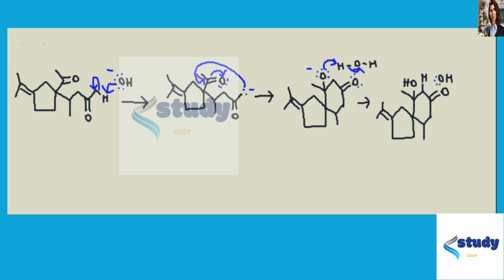Perfect. All right. So more hydroxide ion here will come and grab this proton. And these electrons will go here. So we're going to have a carbanion.